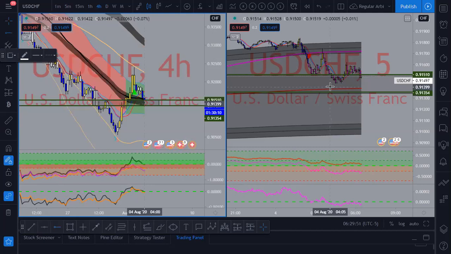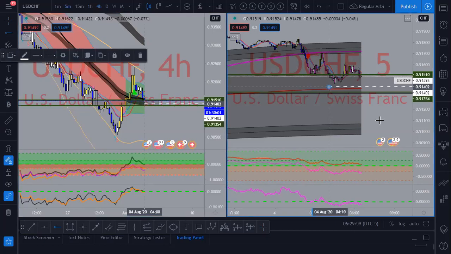Although this 0.91400, I would consider this a bank level. Like 0.91, that's for sure a bank level. Down over here, where the lower danger zone is, that's for sure a bank level. But again, if the US dollar is going to go bullish like I'm thinking it is, then there's no point in trying to sell this.